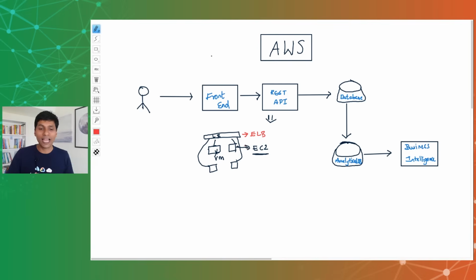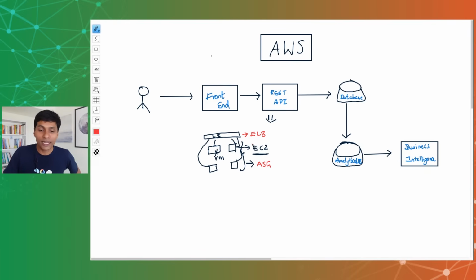Elastic Load Balancer will help you to load balance between different EC2 instances. One of the things that we have seen in here is the fact that we would want to create a group of EC2 instances. We want to create a group of virtual machines. How can you do that? To be able to create a group of virtual machines, you would need to make use of a concept in AWS called auto scaling group.